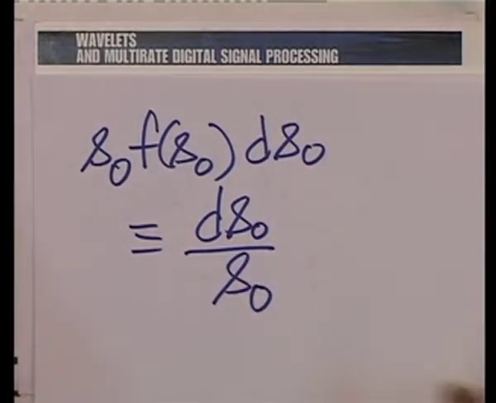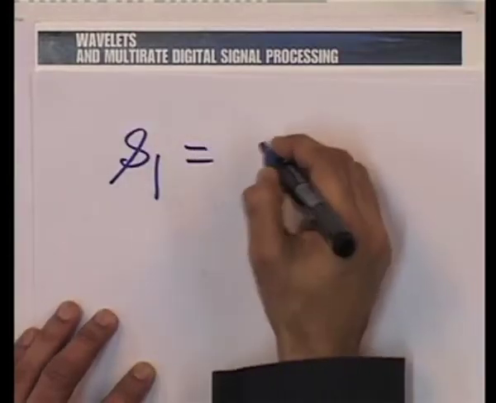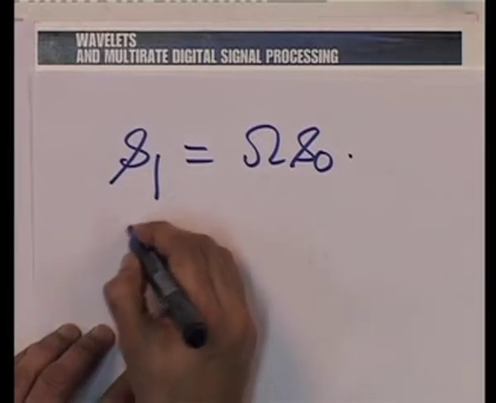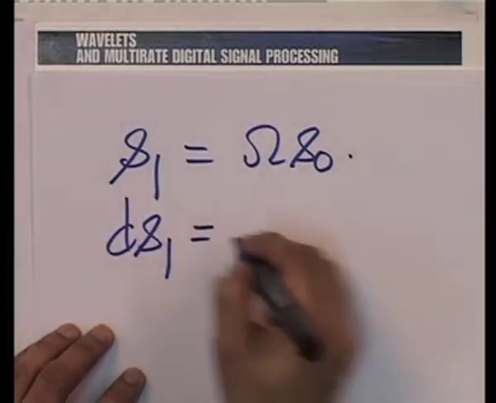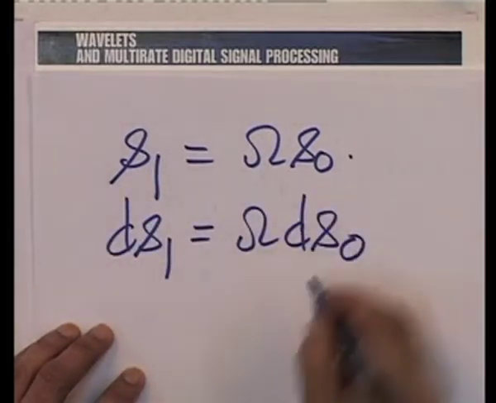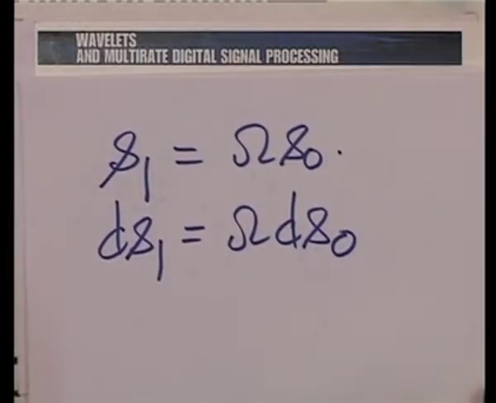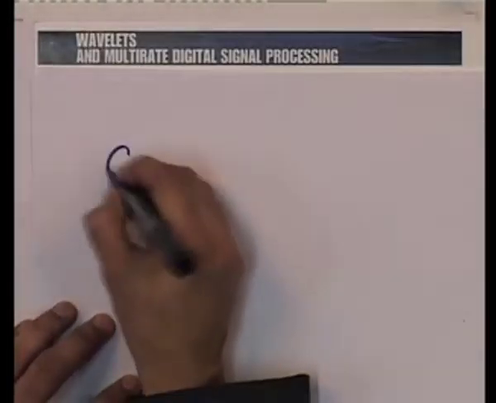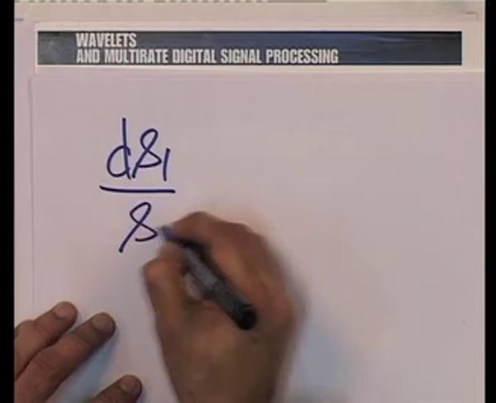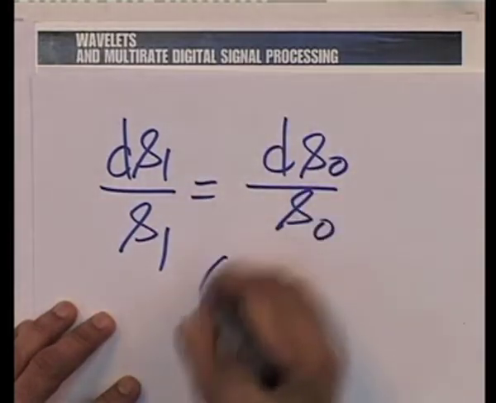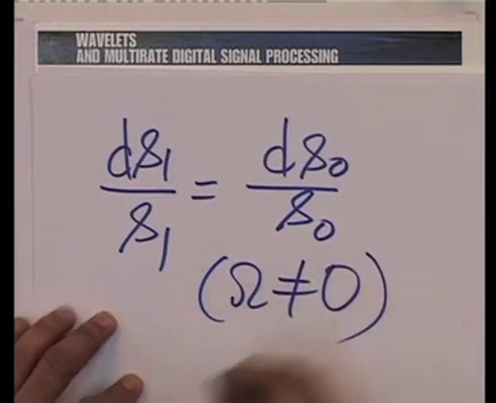And now, if we take say S1 equal to omega times S naught, then dS1 is omega dS naught. And now we can divide here. So, dS1 by S1 is dS naught by S naught, of course, assuming omega is not equal to 0.